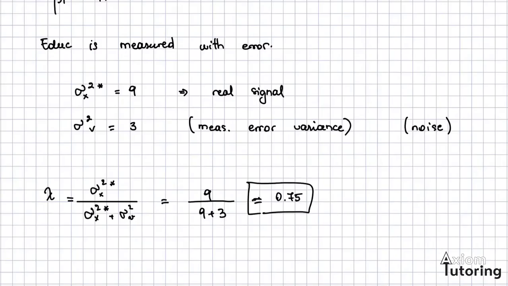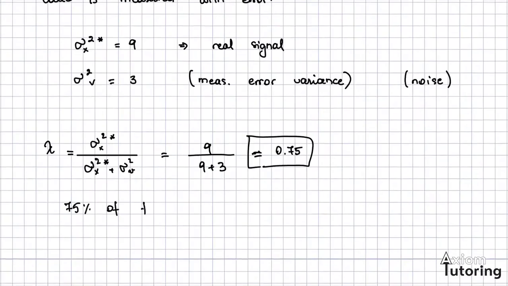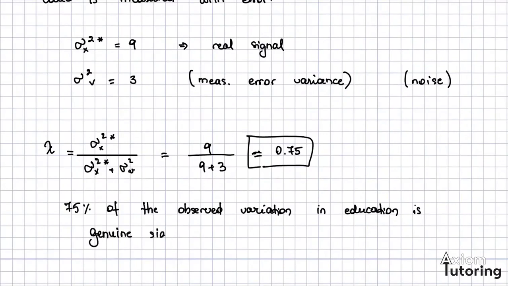Now, here's the best way to interpret this. 75% of the observed variation in education is genuine signal, which means the 25% that remains, that's your measurement error.